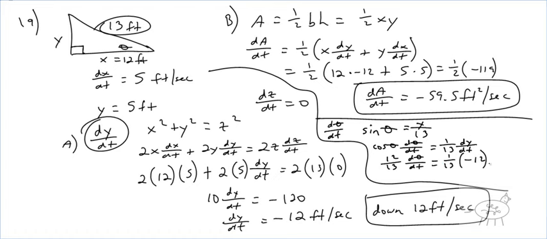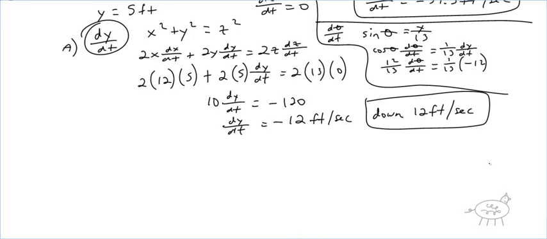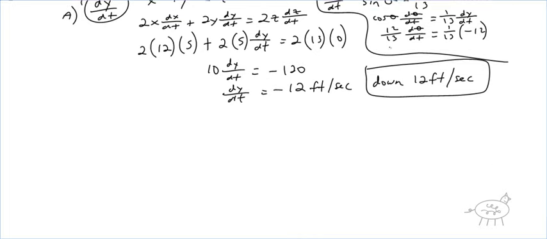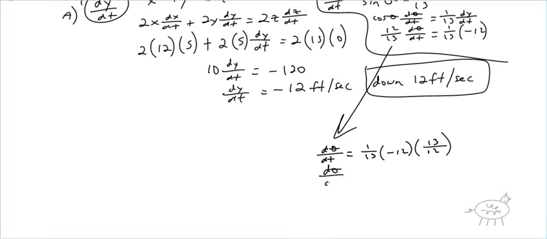And then here I'll make a little more room now. So I'm going to bring it down to here, okay? And then I have d theta/dt equal to 1/13 times -12 times 13 over 12. Just multiply by the reciprocal, and you wind up getting d theta/dt equals -1.